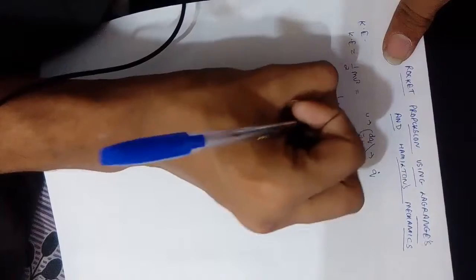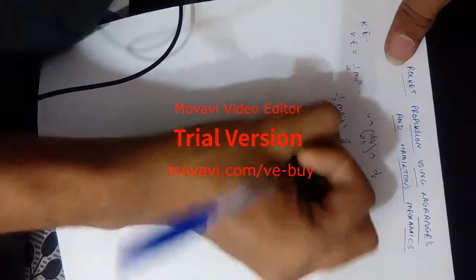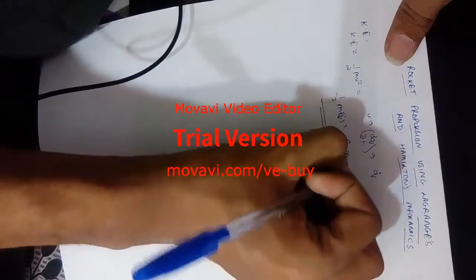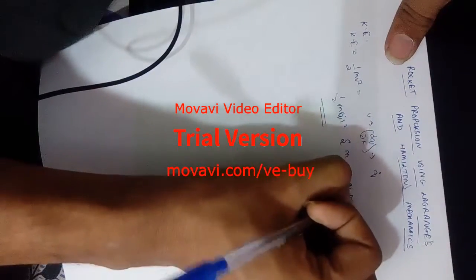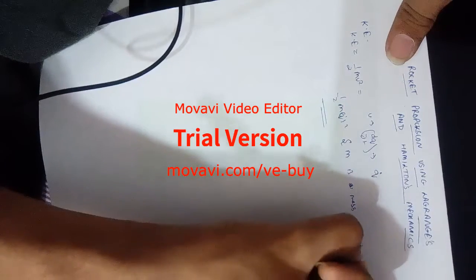So half m q dot square. This is the kinetic energy of the rocket, where m is the mass at that particular instant.